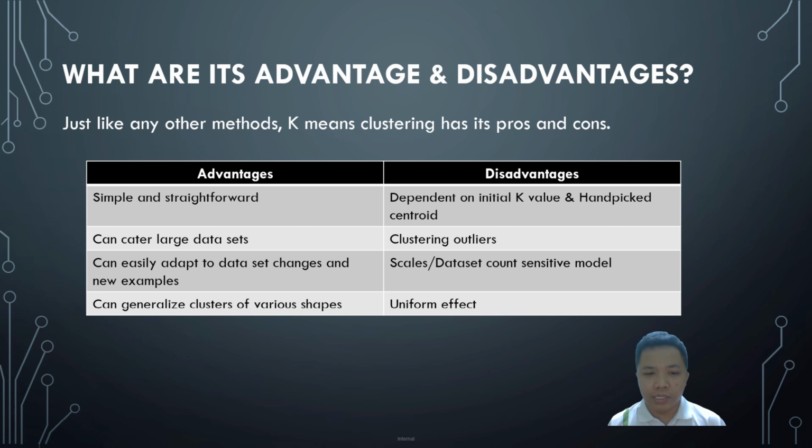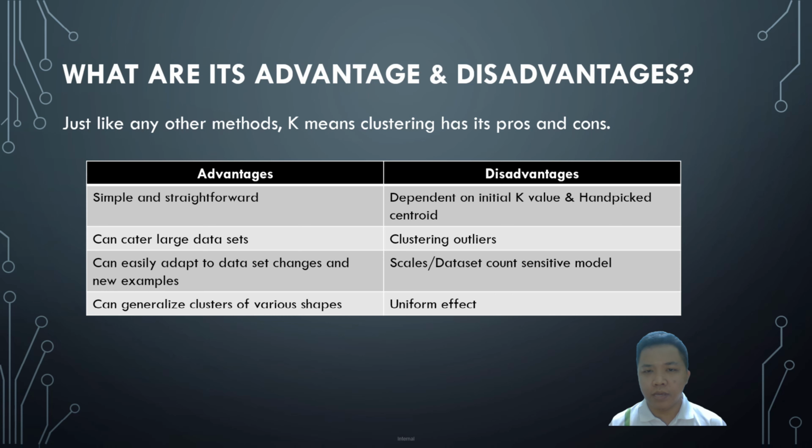It can cater to large data sets and easily adapt to data set changes. Whenever you insert another volume of data, especially in machine learning, it will automatically calculate, learn, and adjust to the data you input. It's very adaptive to that change in data.